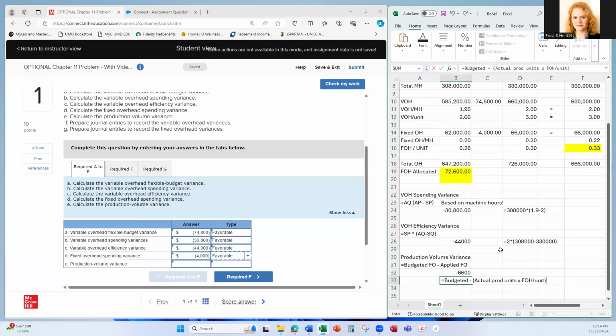Okay, so putting that out there. That would be one you might want to actually add to your formula sheet, that budgeted minus actual. In fact, I'm going to write that on mine just so I remember that for next time to call that out in class. All right, so that should get you everywhere you need to go for this chapter. Let me know if you have any questions.